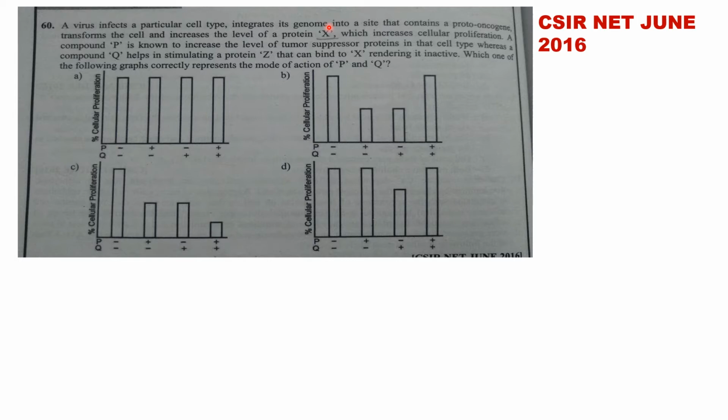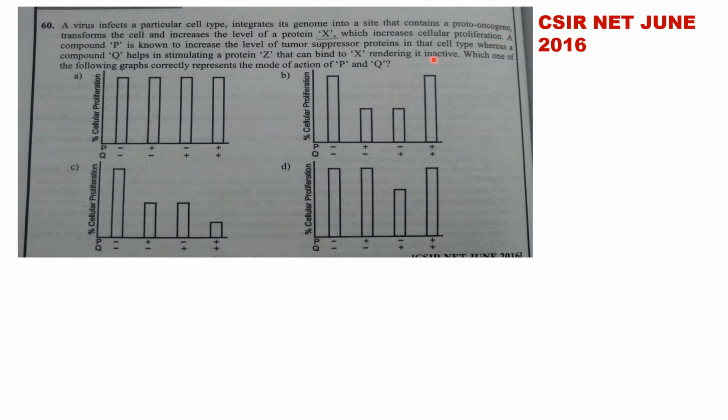After the integration of genome of this virus, this proto-oncogene will produce this protein X in high level. So, because of the increased level of protein X, cell proliferation also will increase.